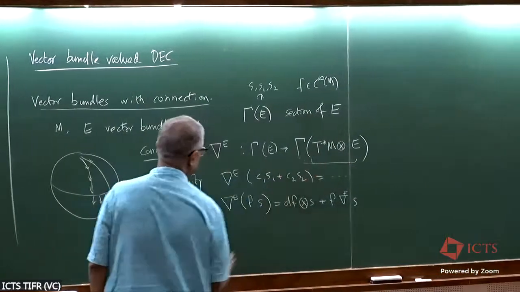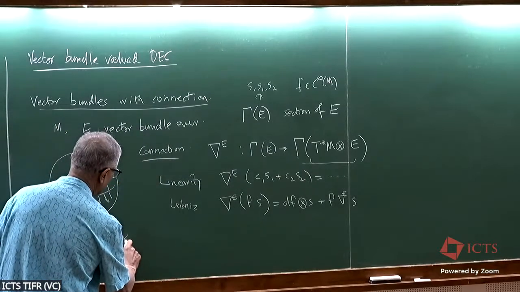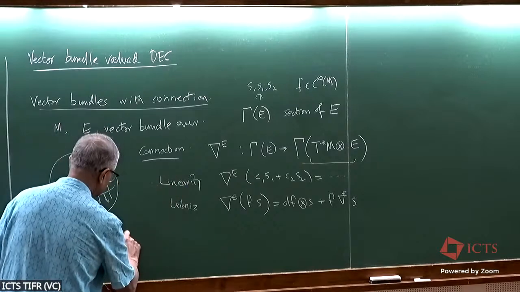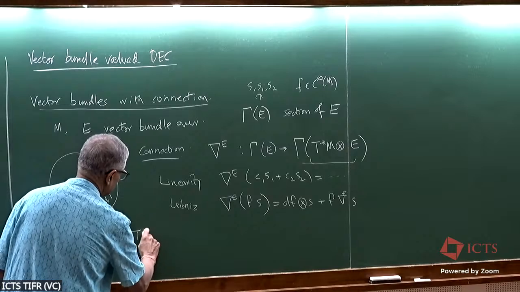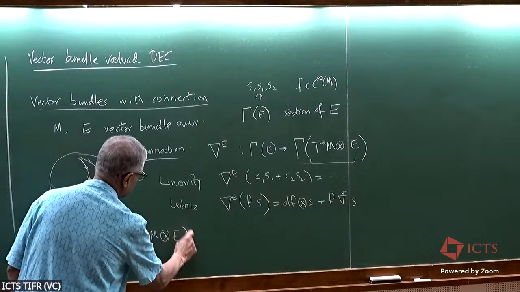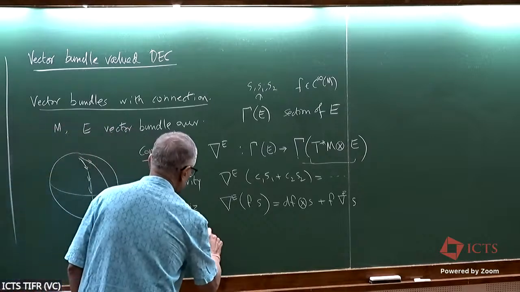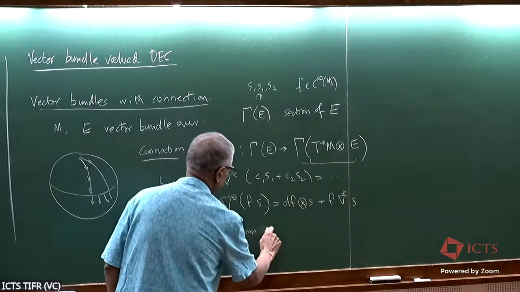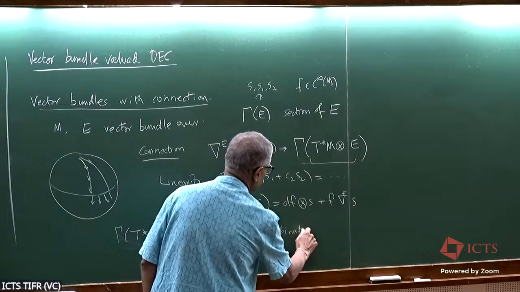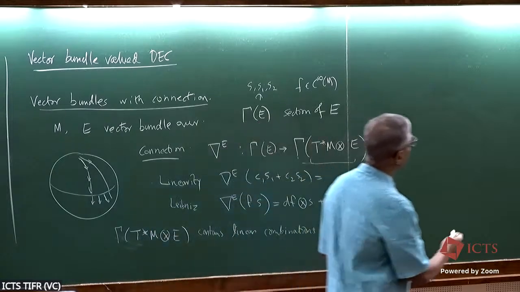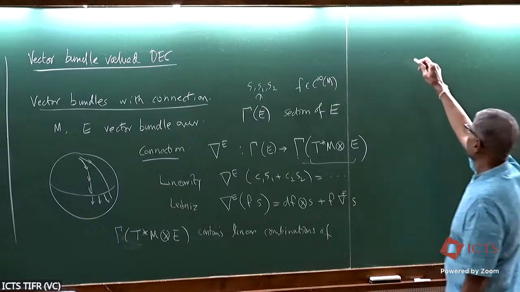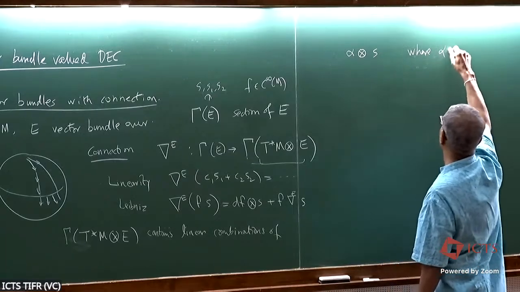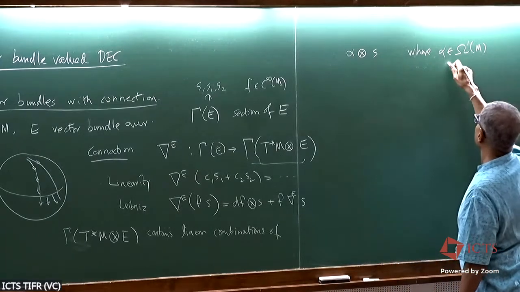So things that live here, if you have alpha, objects in this space, contain linear combinations of terms like alpha tensor S, where alpha is an ordinary one form, and S is a section.